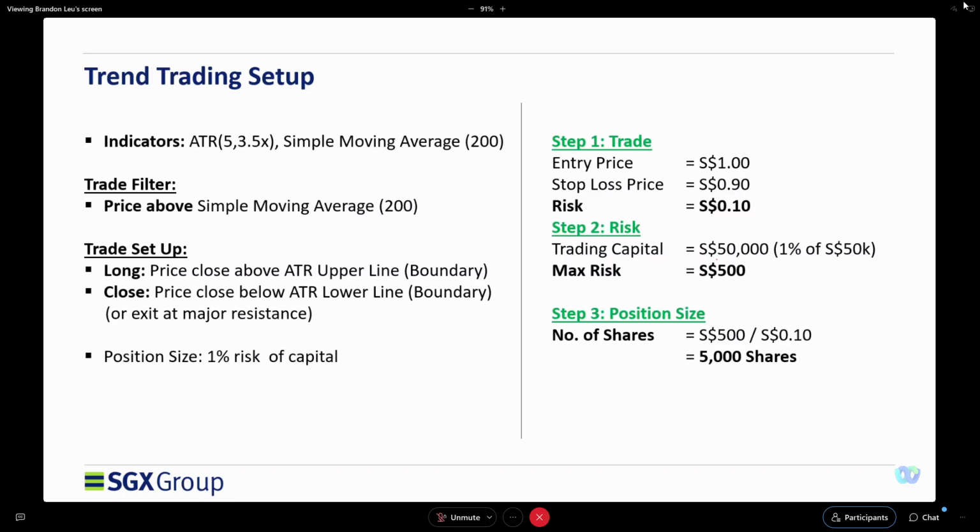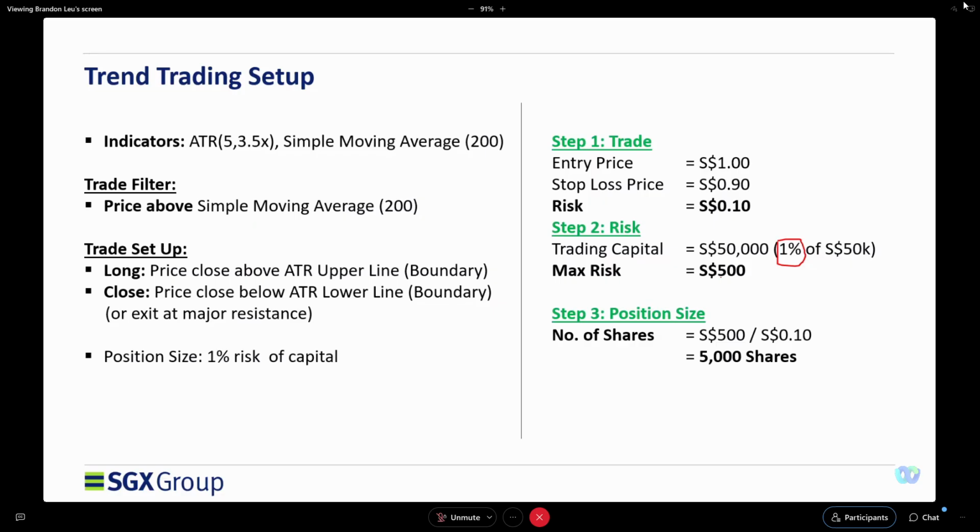So if you have 50,000 trading capital and every trade you are only willing to risk $500, this 1% is quite a good start. As we trade further, you can see that your risk turns lower to 0.5.